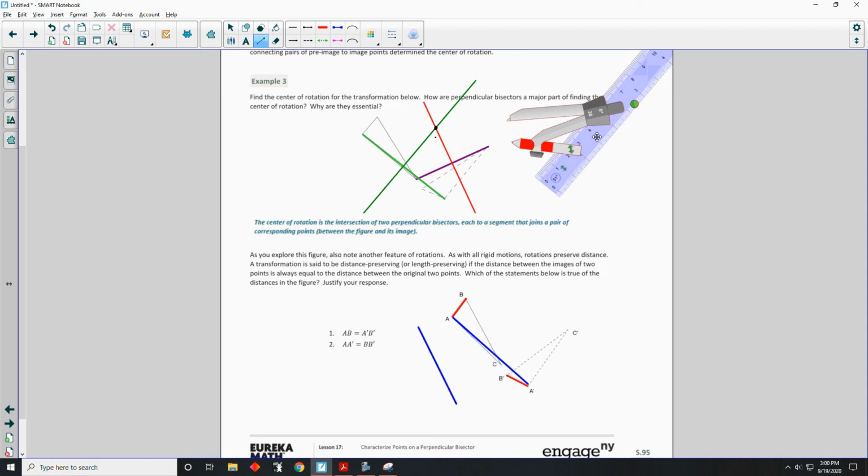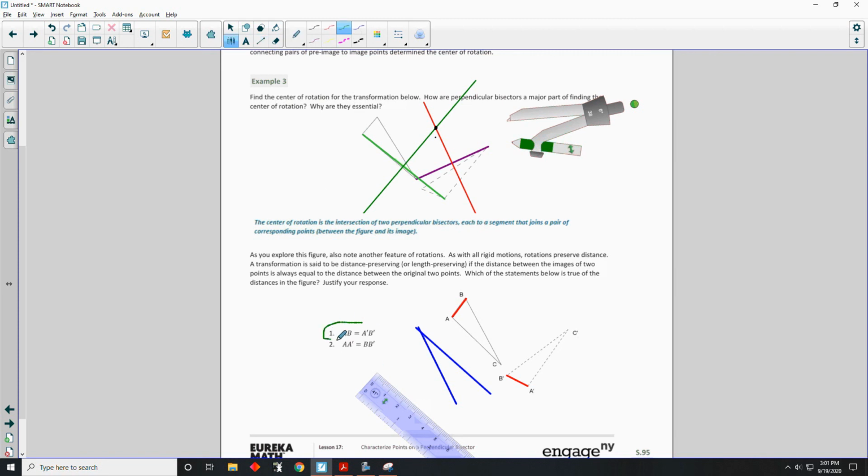If I measure these, that is 52 millimeters. That was B to B prime. And this one is 60 millimeters. So these are obviously not the same length, as you can see as I put them closer to each other. One's longer than the other. So the true statement is AB is equal to A prime B prime.